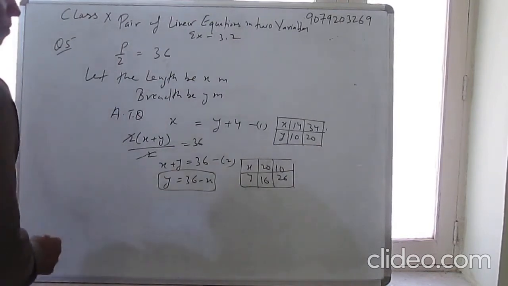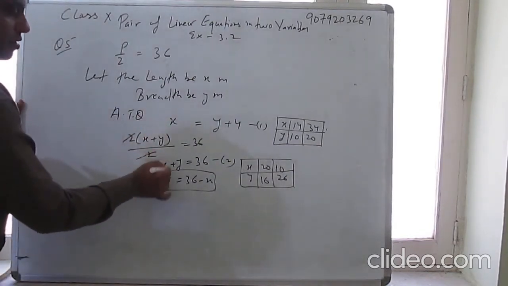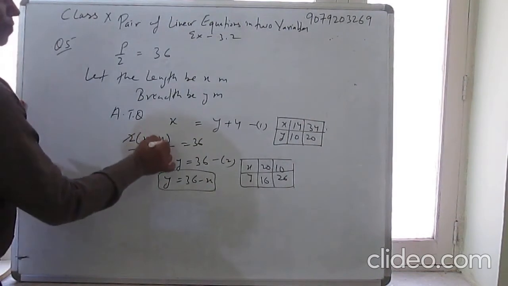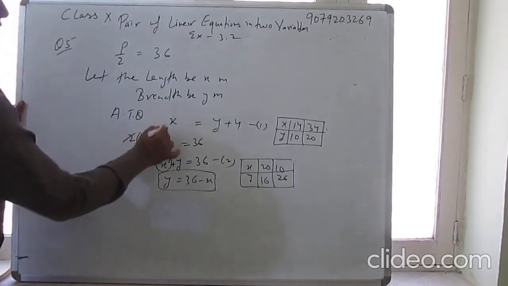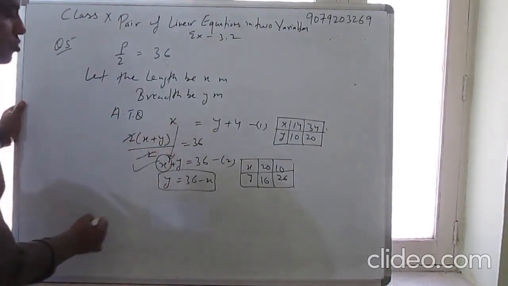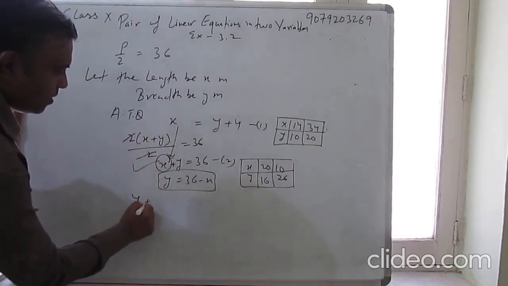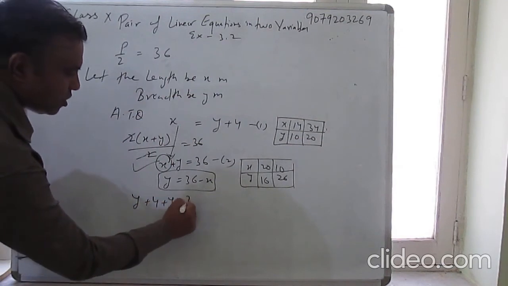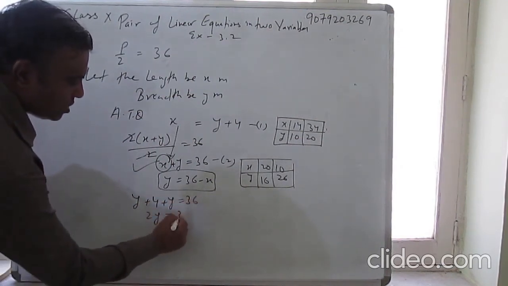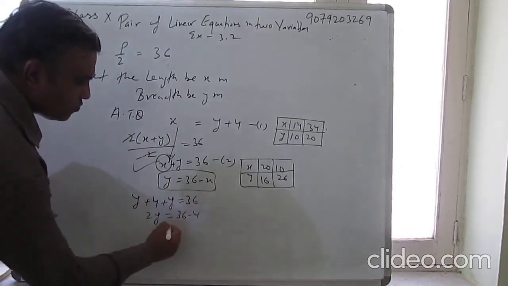Now, I will solve by substitution method. See here in equation 2, here it is x. Put the value of x here. Put 1 into y plus 4 plus y is equal to 36. 2y is equal to 36 minus 4.